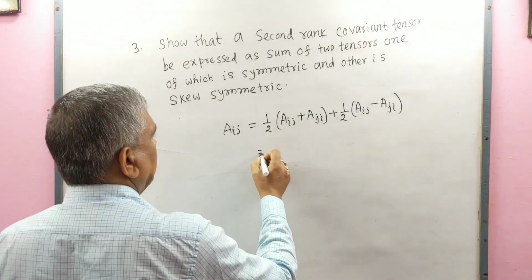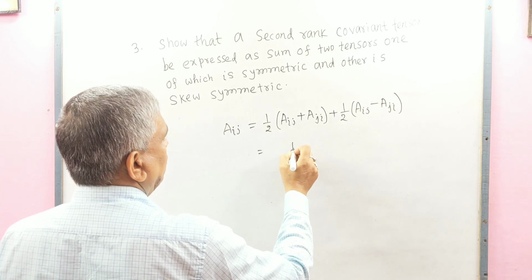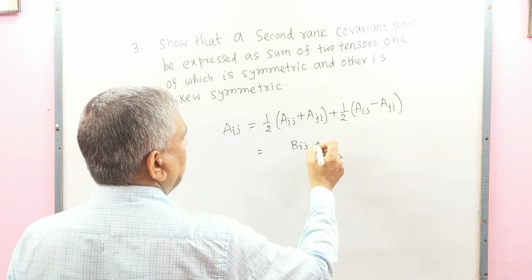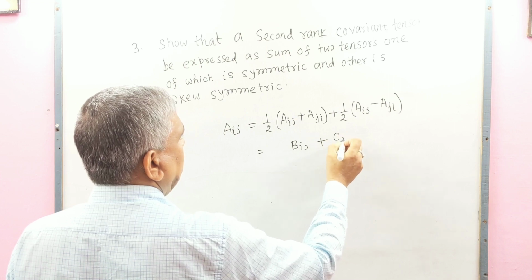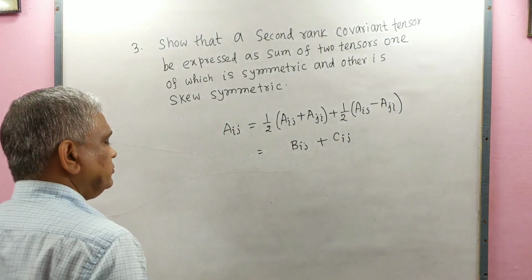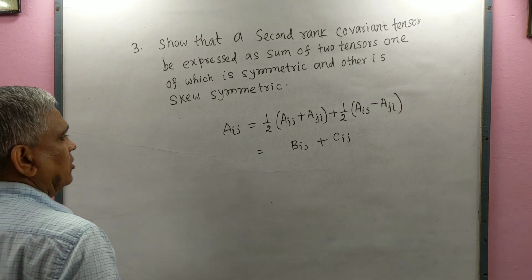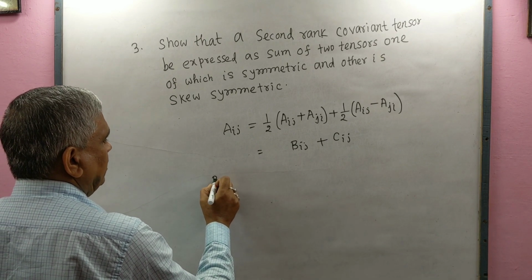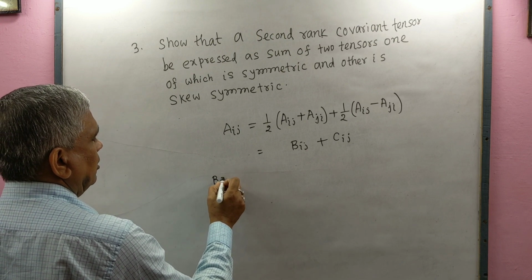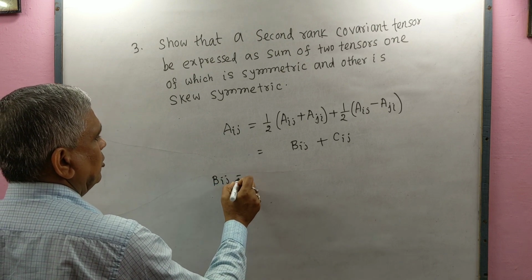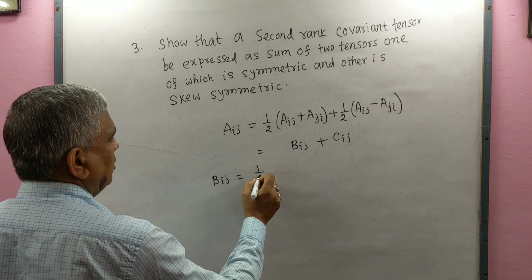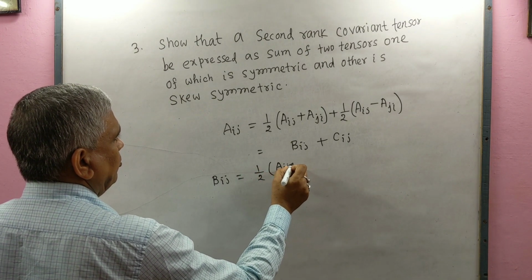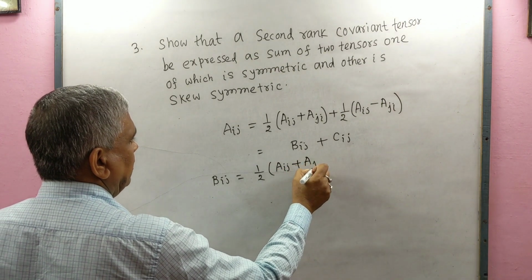Let this part be Bij and this part be Cij. Bij equal to half of Aij plus Aji.